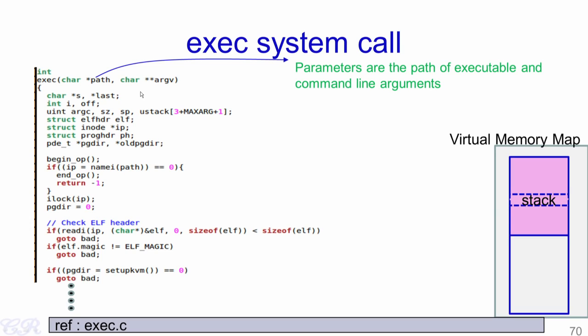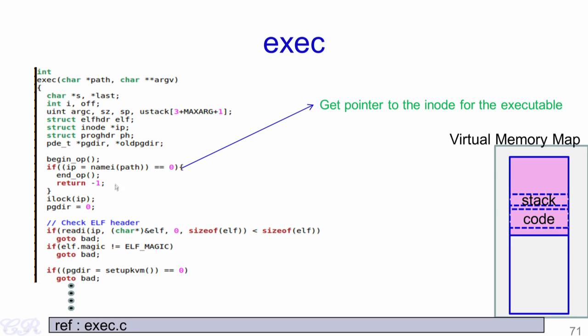The first thing that is done is that we get a pointer to the inode of the executable. An inode is metadata which has information about where the particular executable is stored on the secondary storage device, such as the hard disk.